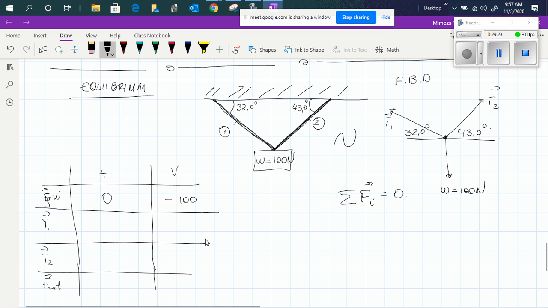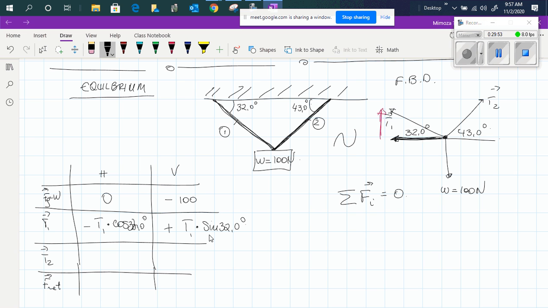The horizontal component of tension 1 is negative, as you see it here, negative T1 times cosine 32 degrees, and the vertical component is this one here. So it will be positive T1 times sine 32 degrees.